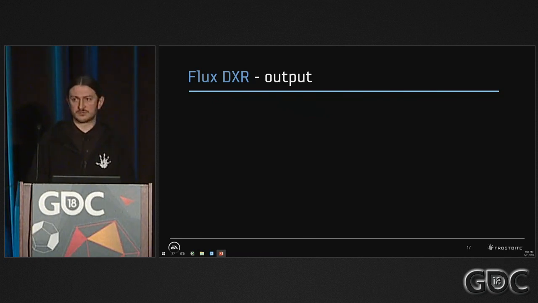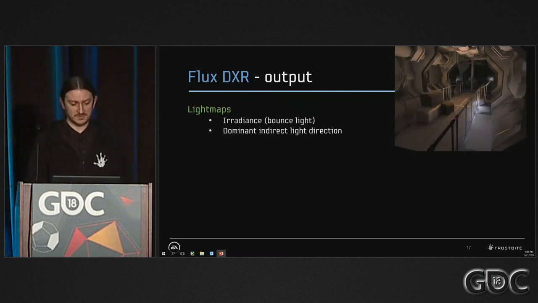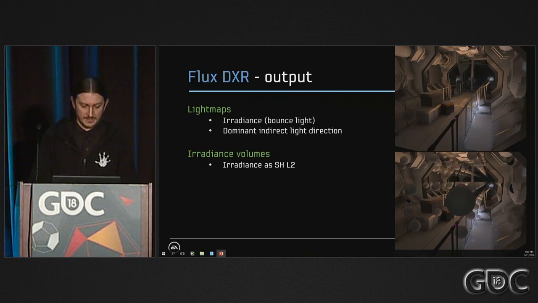So what does Flux output? First, there's a set of light maps storing irradiance for each texel, and also a dominant incoming light direction that can be used, for example, to achieve normal mapping. And also on the side, we have irradiance volumes, storing irradiance in each voxel of the volumes as spherical harmonics L2.